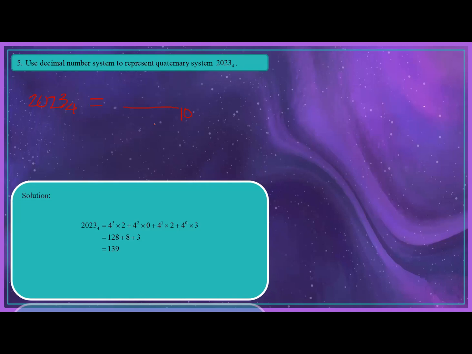Okay, so in our number system, the decimal system, we don't need to put 10 as base. Example, we have 1, 2, 3, 4, 5. Basically, this is base 10. So we don't need to put 10 there. Okay, so it's a convention already.